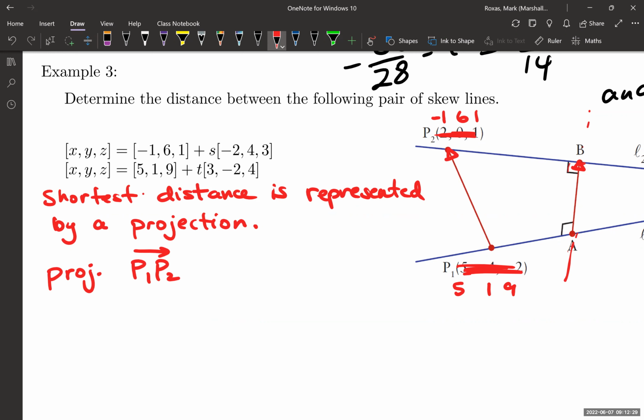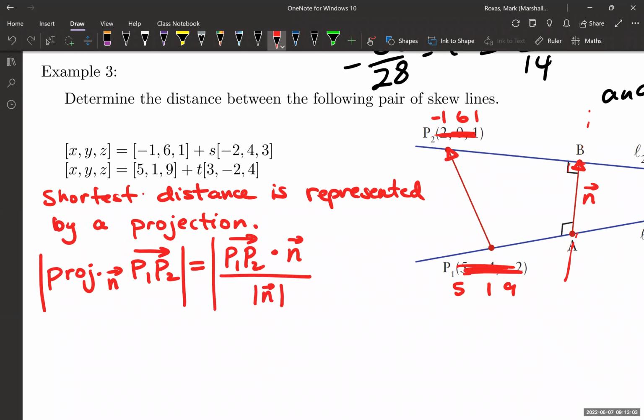Now, this perpendicular vector is going to be the result. Well, let's call it vector n first of all. Okay, a normal vector. We usually denote normal vectors perpendicular, right? Okay, and I'll talk about how we get that vector in a moment. But just let me write the vector projection formula. So this is a magnitude. It's going to be the dot product of P1P2 dotted with that normal vector n, divided by the magnitude of n. Okay, and all of that is a magnitude as well.